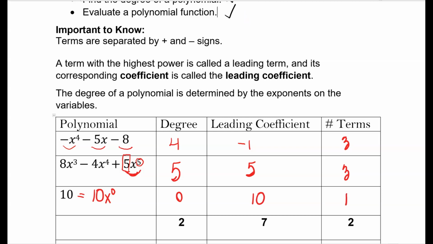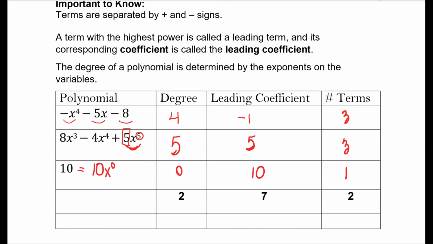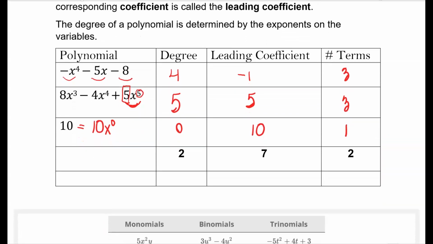The next example, I want you to determine a polynomial. I want you to come up with a polynomial, or create your own polynomial, that has a degree of 2, that has a leading coefficient of 7, and I want your polynomial to only have 2 terms.